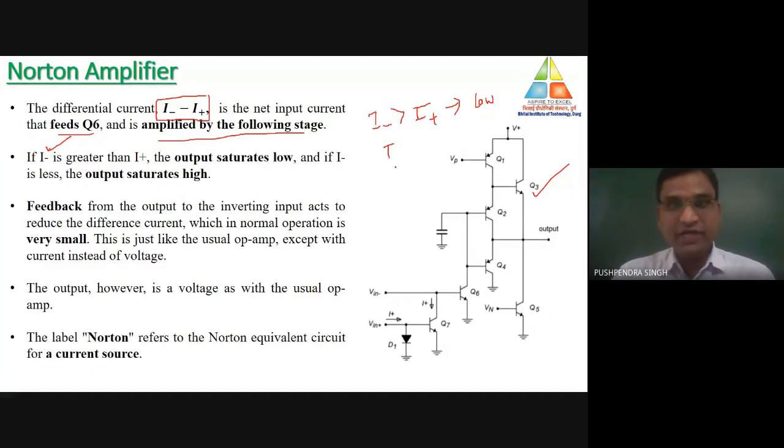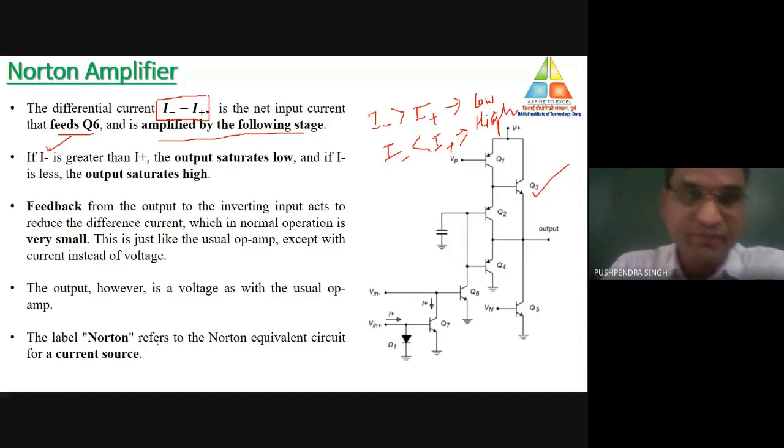But if I minus is less than I plus, that is, the inverting terminal current is less than the non-inverting current, the output will saturate high. Please remember this related to the saturation of the output voltage in case of Norton's amplifier. It depends on the difference of the currents fed at the inverting and non-inverting terminals.